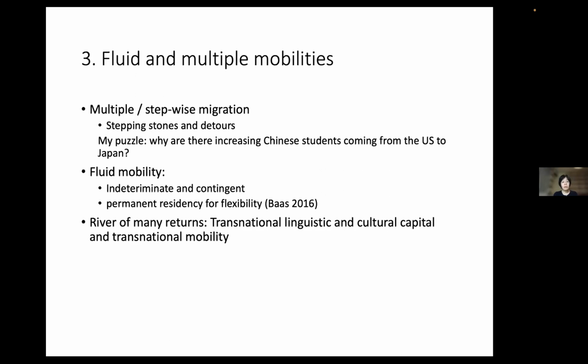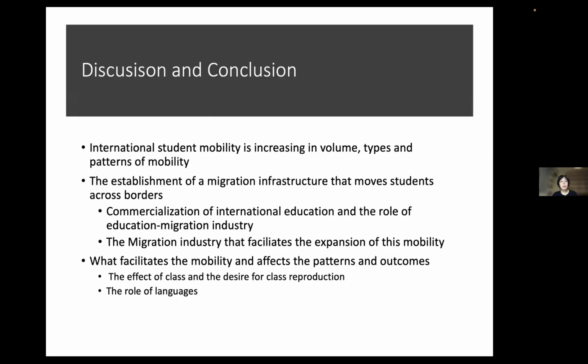A lot of international students managed to occupy those niches in Japan, and I witnessed this phenomenon in Germany as well. So there are many different kinds of mobilities going on, becoming increasingly fluid. I'll wrap up my presentation with some discussion and a conclusion.